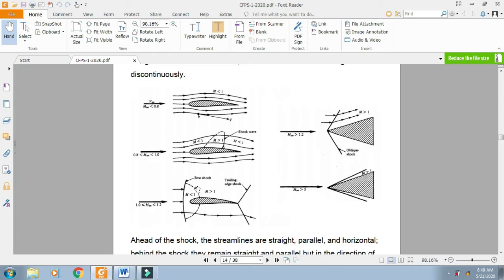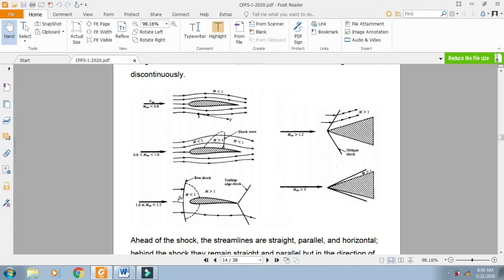When it reaches near the airfoil, there is a sudden deceleration of the fluid flow, and the flow becomes subsonic near the airfoil. So you can see M is less than 1 near the airfoil.